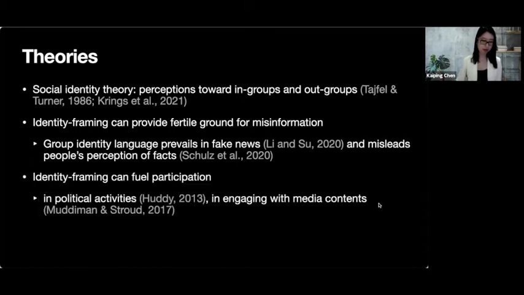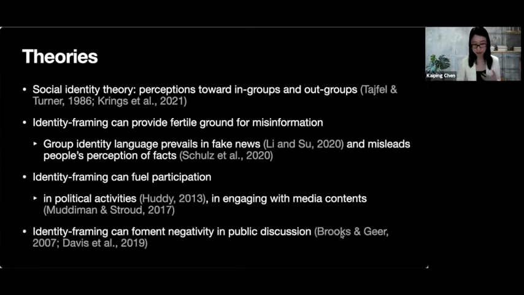Second, this type of identity framing can also fuel more participation, not only in political activities, but also more engagement of people sharing these news content. And finally, scholars also show that this type of identity framing can fuel and foment negativity in public discussion of political campaigns and science issues.